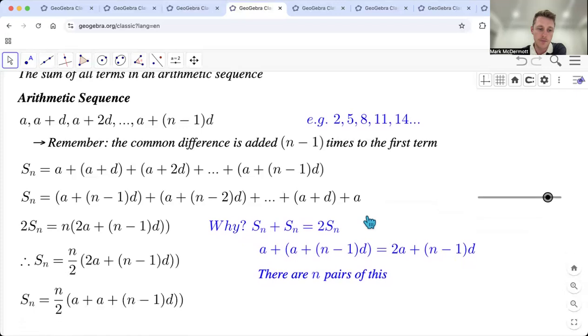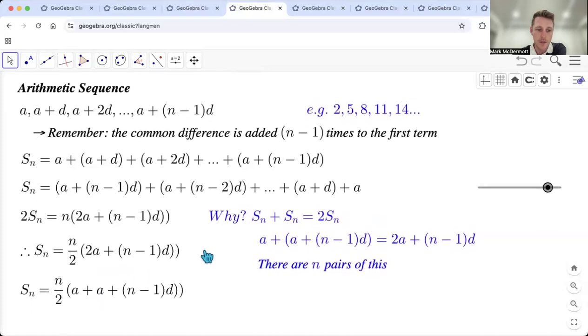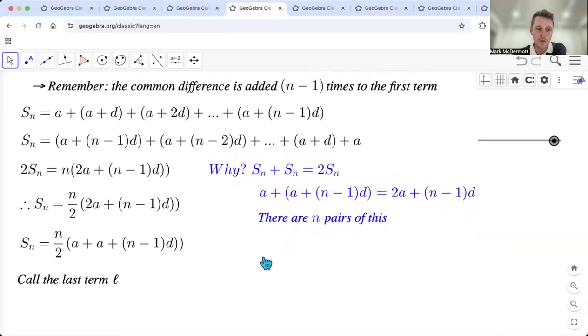And then we just need to realize that 2a is the same thing as a plus a. But I think you'll recall from before that this part here, a plus n minus 1 d, is the last term. So we can call that L, just to simplify things a little bit.